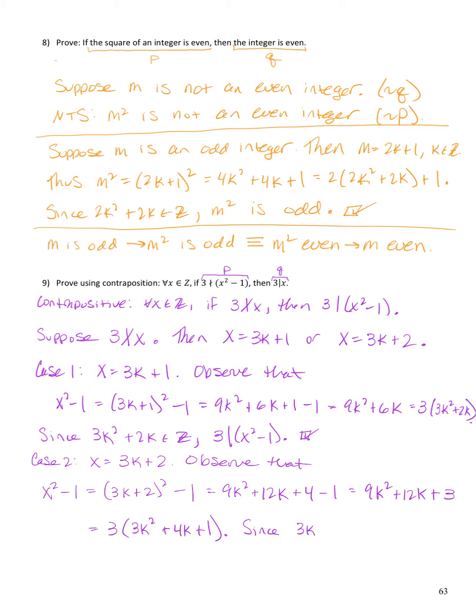Since 3k squared plus 4k plus 1 is an integer, 3 divides x squared minus 1. So I showed it for the other case as well. So this was an example of both a proof by contrapositive and a proof by cases.